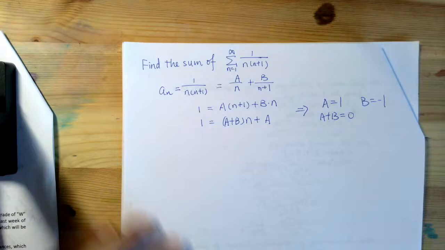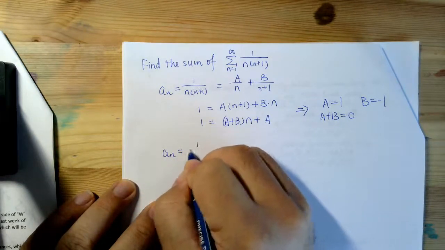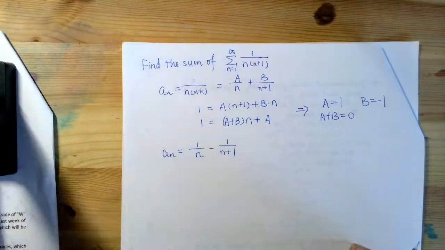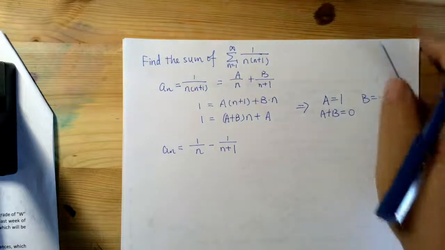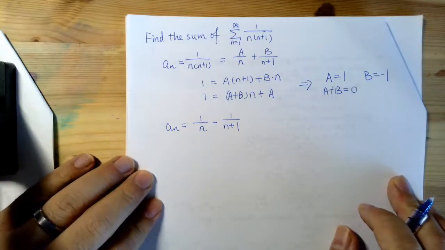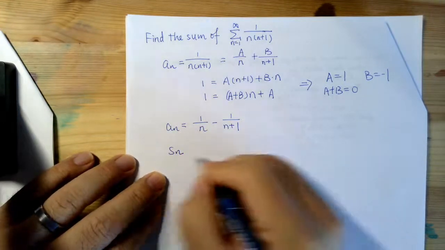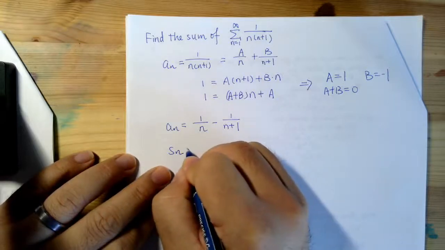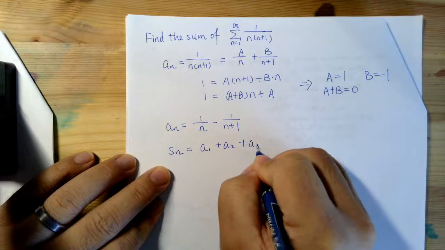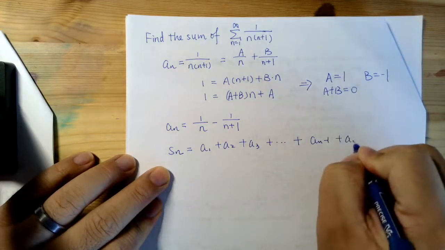After this simple calculation, we can express our an as 1 over n minus 1 over n plus 1. Now to find the sum of a series, often what we need to do is figure out the nth partial sum first, which is going to be a1 plus a2 plus a3 up to an minus 1 up to an.